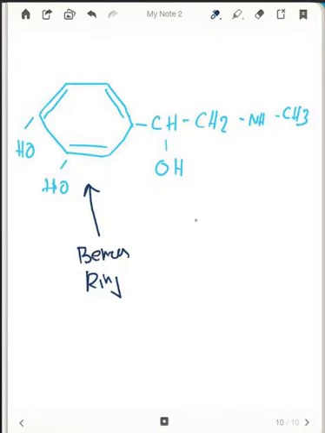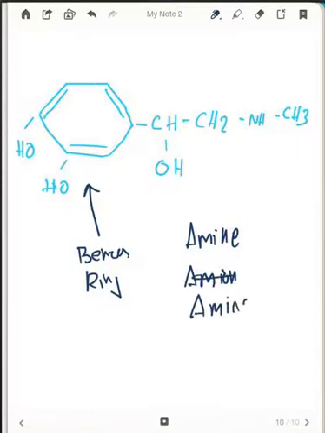And anytime you hear the word amine, I always think of amino, A-M-I-N-O, amino acid. And amino acids, of course, are formed using nitrogen bonds. Nitrogen bonds are kind of the backbone of amino acids.